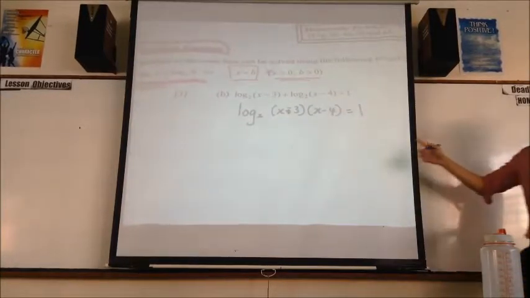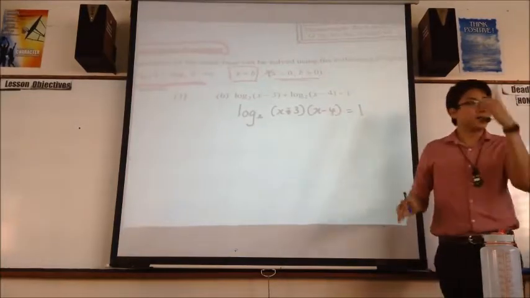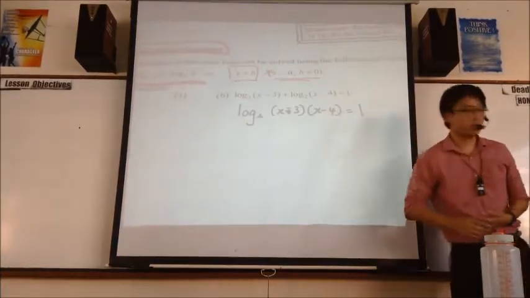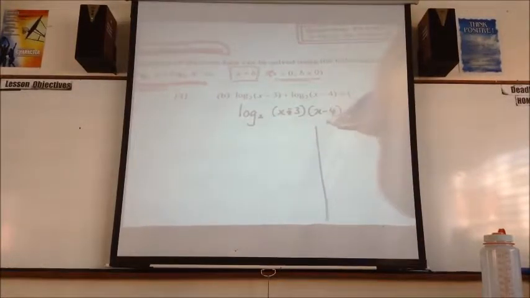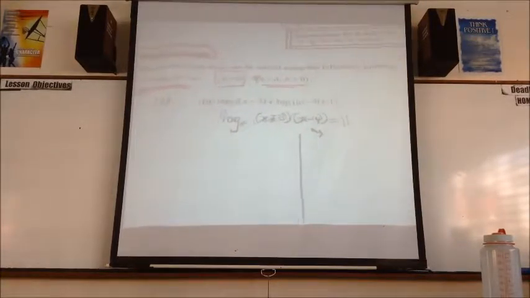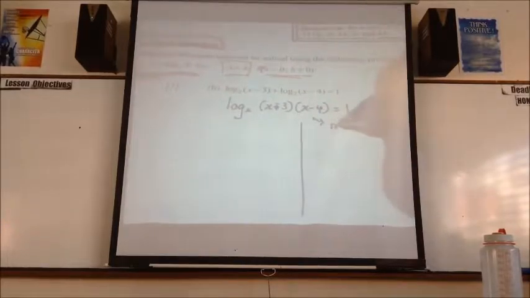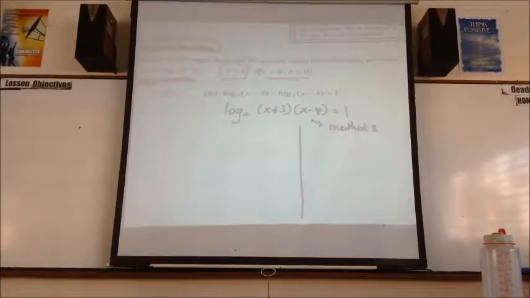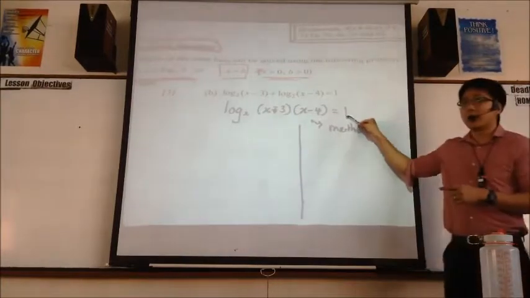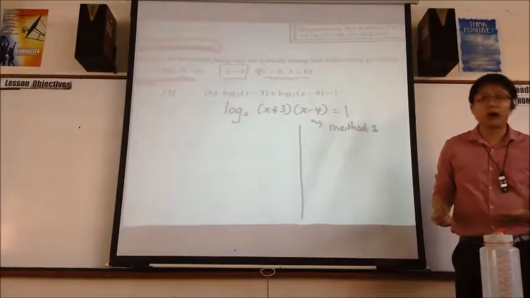From here, there are actually two ways to solve it. The first way is the traditional way. I do the traditional way first, because the traditional way is longer. This is method 2. Traditional means the right hand side also must be log.